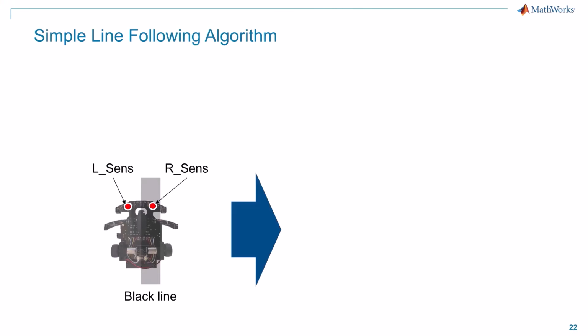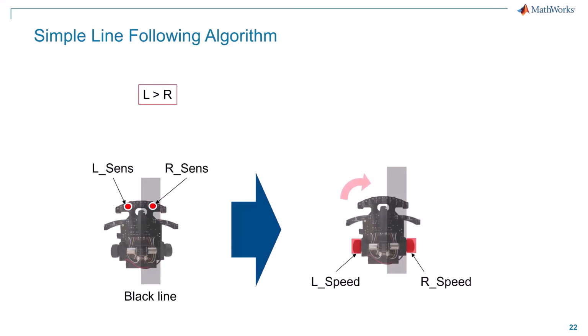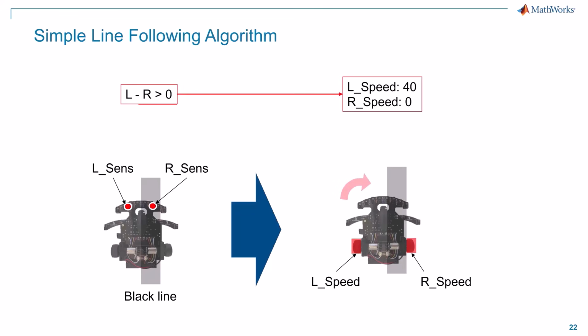Since the initial operation check is complete, I will now explain the line following algorithm. The robot has left and right sensors. The right sensor shows a low value when it is on the black line, and the left sensor shows a high value when it is on the white surface. To stay on the black line, we drive the left motor and stop the right motor when left minus right is bigger than 0.